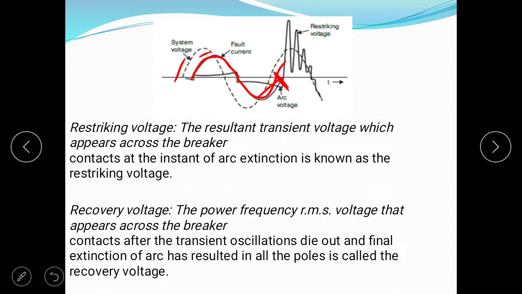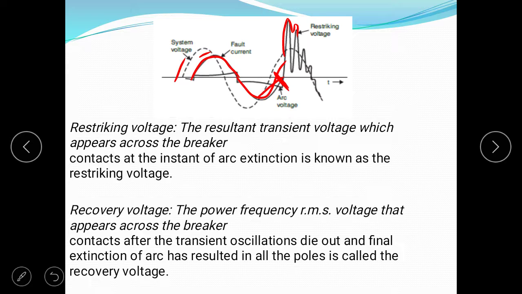When the circuit breaker trips the circuit, there is a restriking voltage, meaning there is a sudden rise of voltage across the contacts of the circuit breaker. If this voltage is greater than the restriking voltage, then again the arc will be induced between the contacts of the circuit breaker. So this waveform represents the restriking voltage at which the arc may again restrike between the contacts.